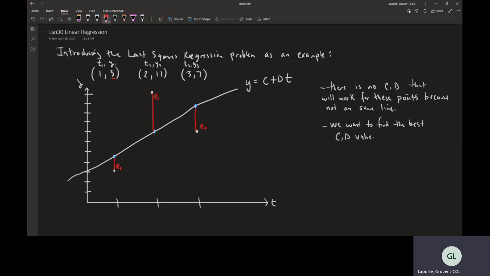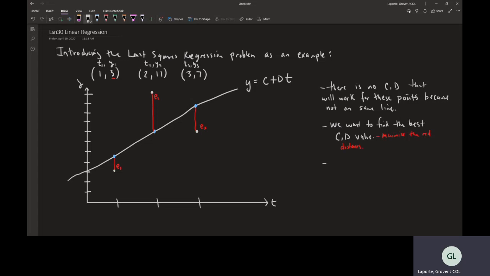So when we find the best, we want to find the one that minimizes the red distances. That's how we define the best: the closest that we can possibly get vertically to those 3 particular points.